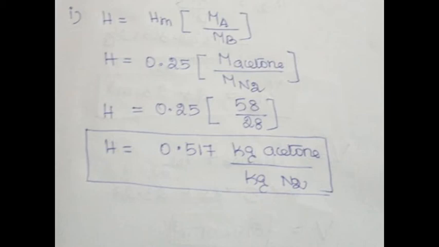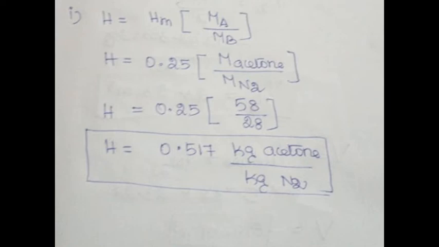First division, absolute humidity. Once you know the absolute molar humidity, you can easily determine the absolute humidity value. So this is the relationship between capital H and Hm: H is equal to Hm into Ma by Mb. For our case, A component acetone, B component nitrogen.